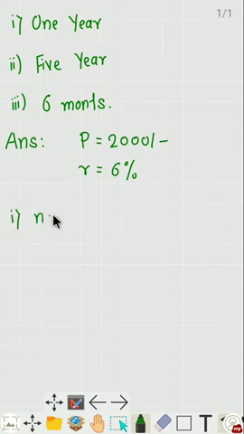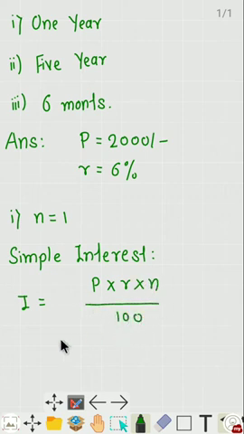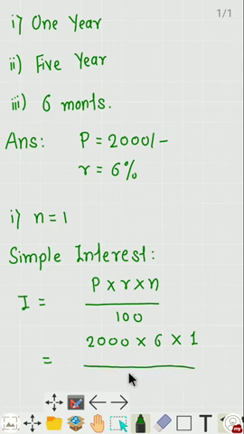Here n is equal to 1, so therefore we have to calculate the simple interest I. The formula is P into R into N divided by 100, and it is equal to P is 2000 into R is 6, rate of interest, and N is 1, divided by 100.